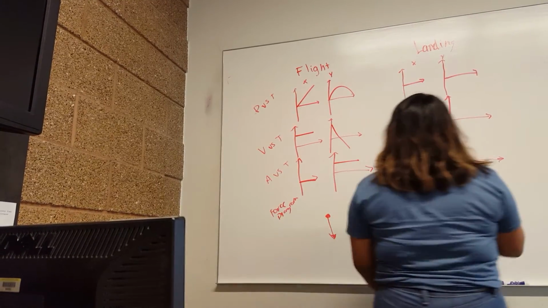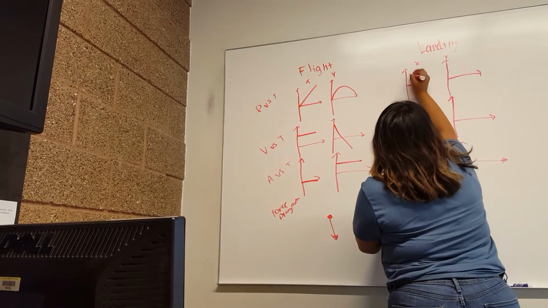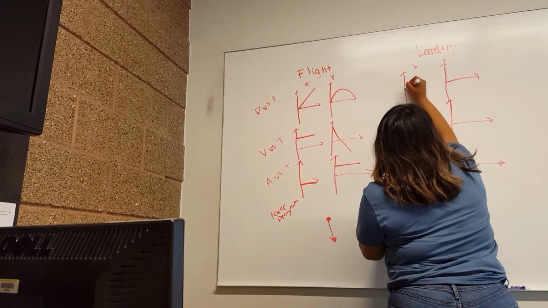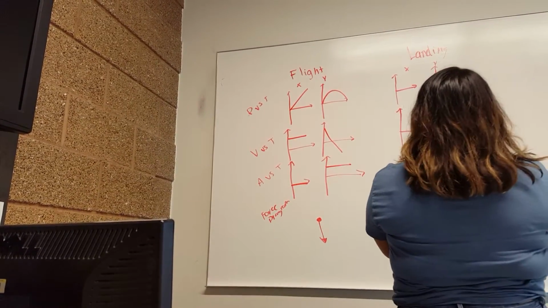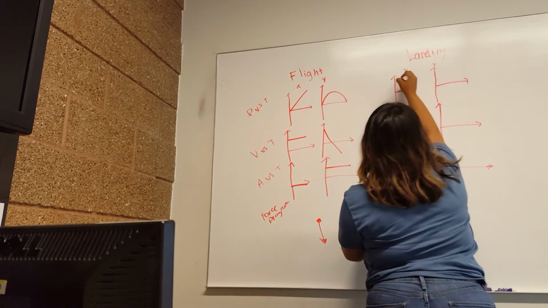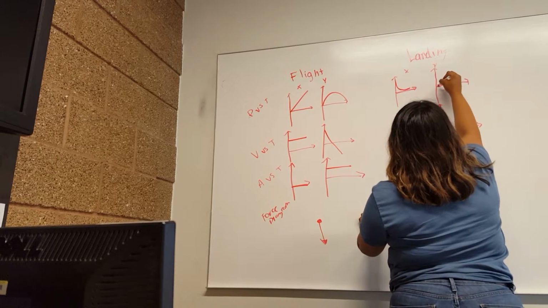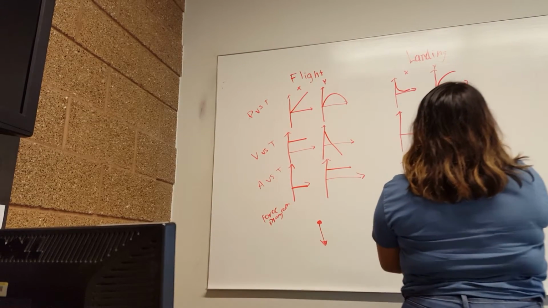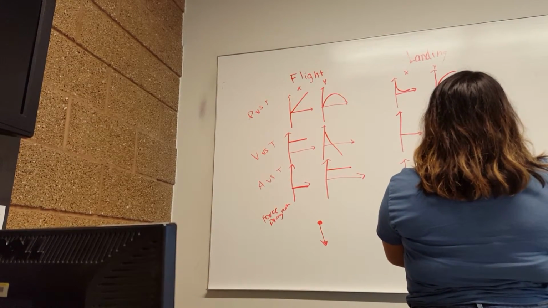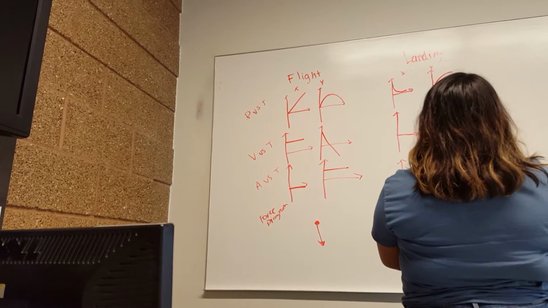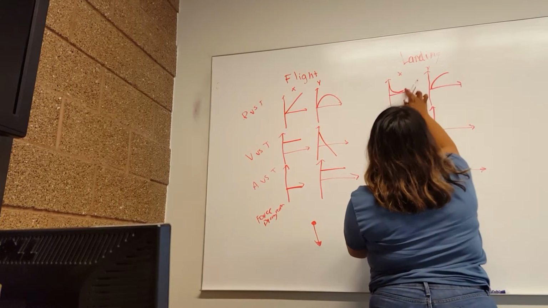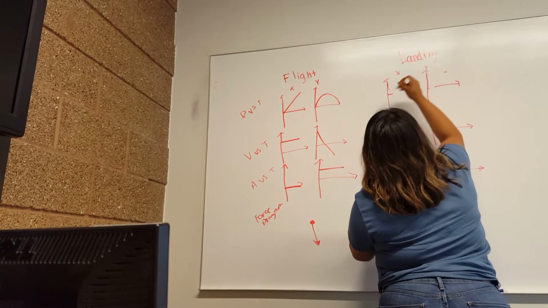And then for landing, we're going to have a little, it'd be like this. Hopefully I draw it right. This would be like that. No, I'm confusing my x and my y's.